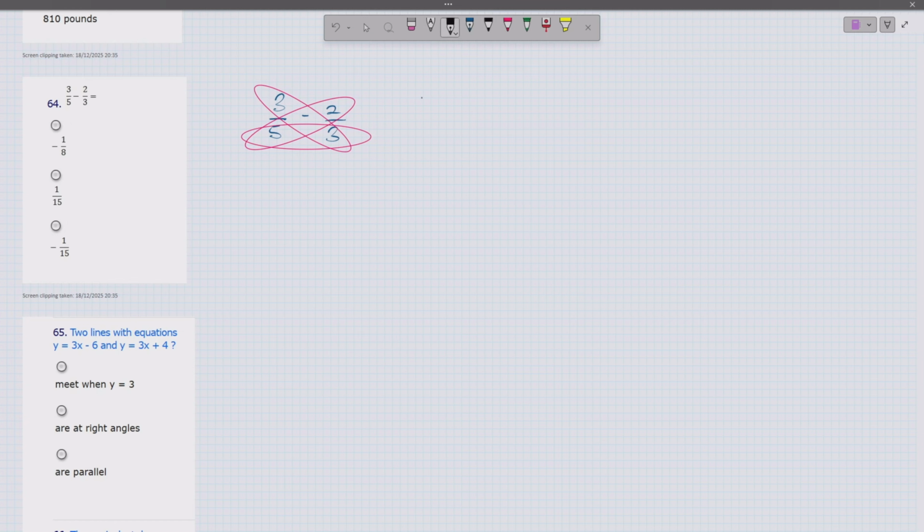So 3 times 3 is 9, minus 2 times 5 is 10, all divided by 5 times 3 is 15. That is going to give you minus 1 over 15.